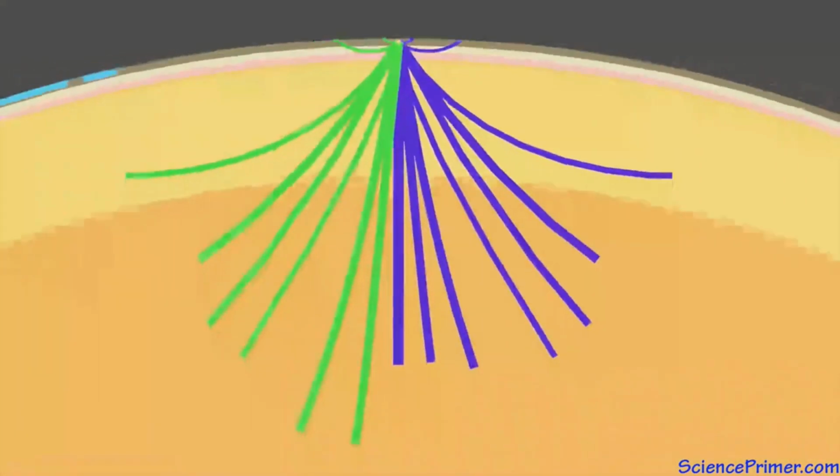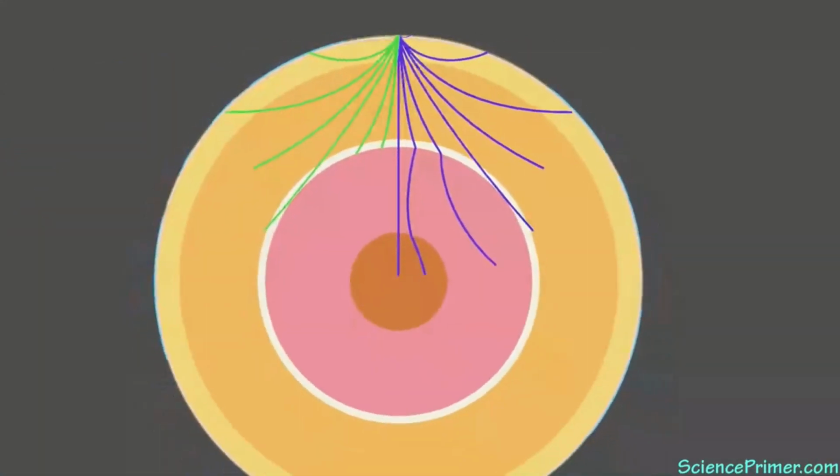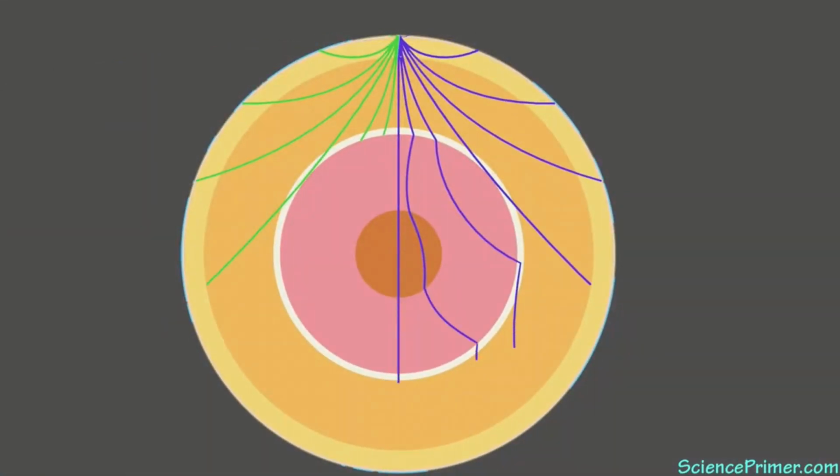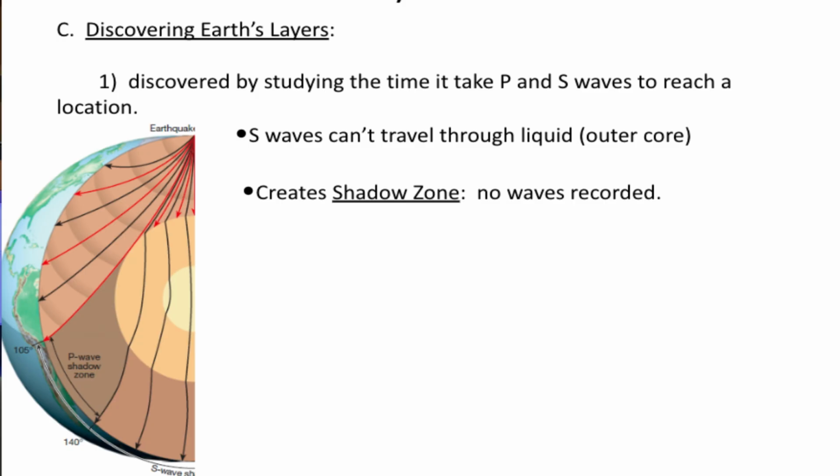But as these P waves and S waves travel through these different layers, they sometimes are refracted or bent, and sometimes they're just stopped altogether. This produces areas called shadow zones. A shadow zone is where we don't receive any seismic waves.